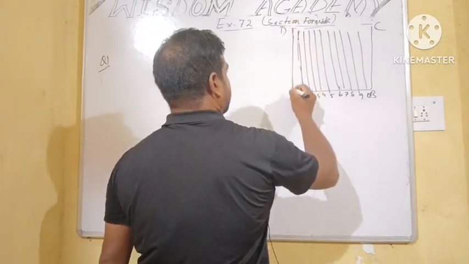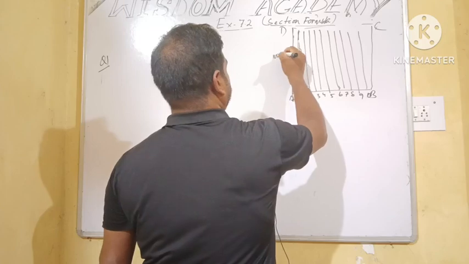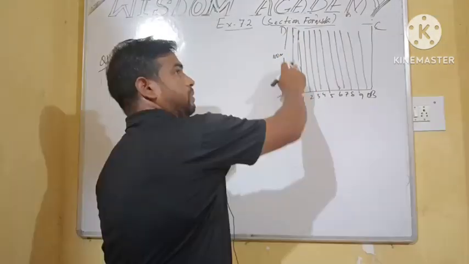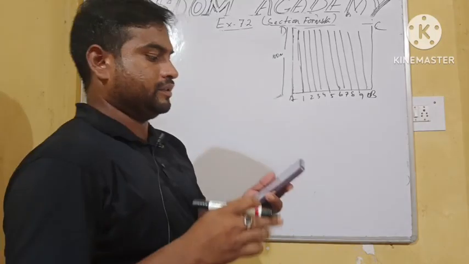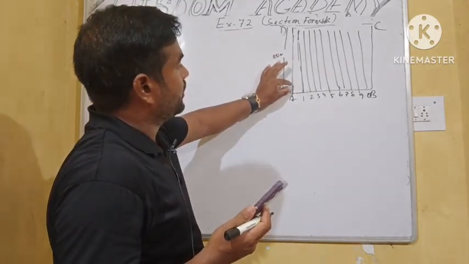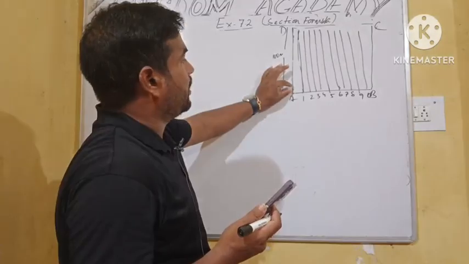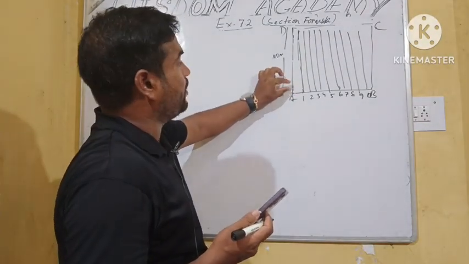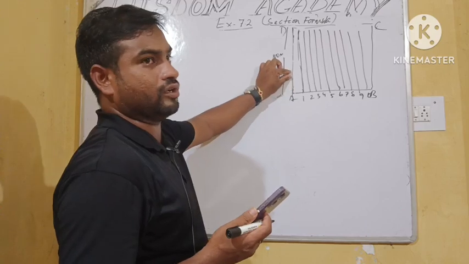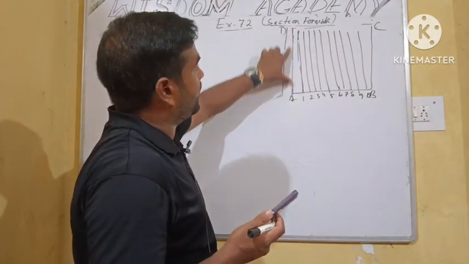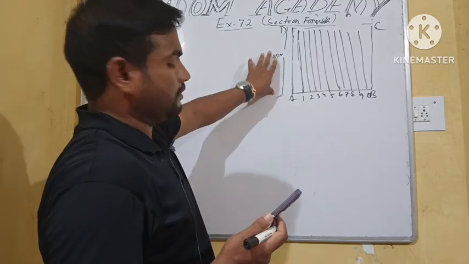The total distance of AD is 100 meter. Now there are 100 flower pots put, each separated by 1 meter from each other. So the total distance along the y-axis or AD is 100 meter.